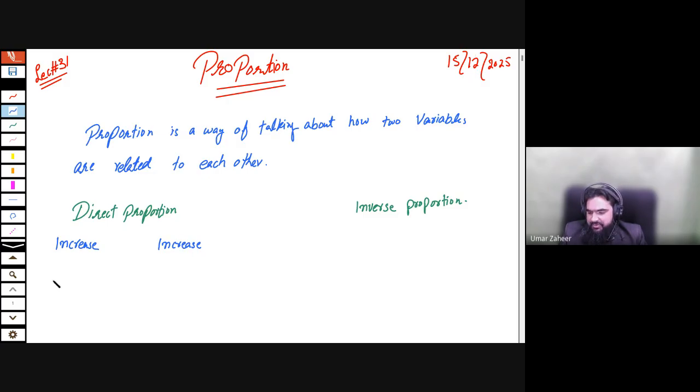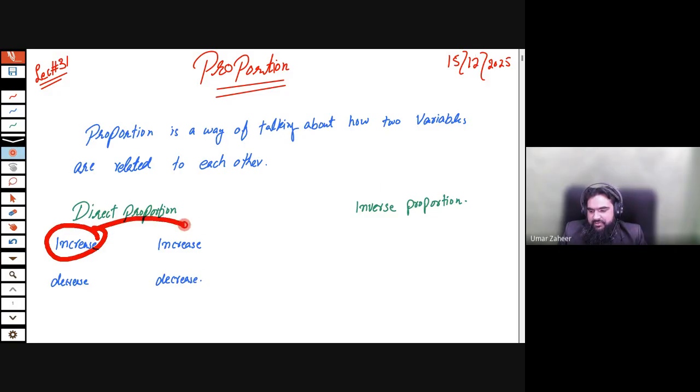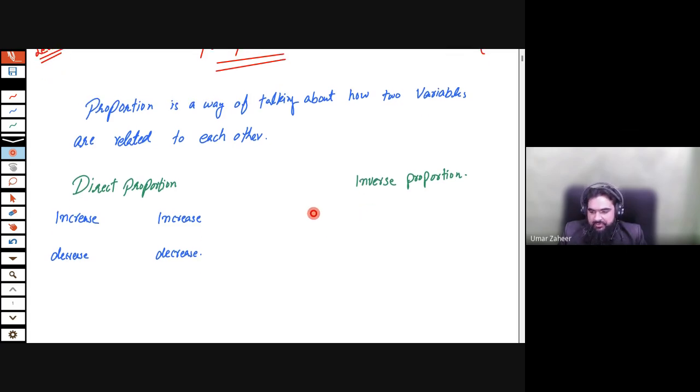And if you decrease the first variable, the second variable also decreases. Means you are increasing one variable, the second also increases, or in the same way it decreases. This type of relation is known as direct proportion.